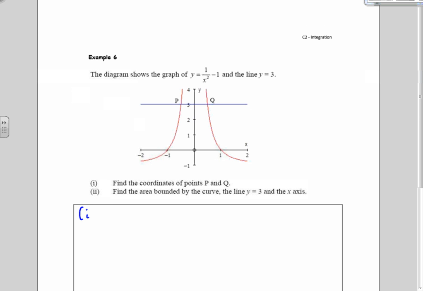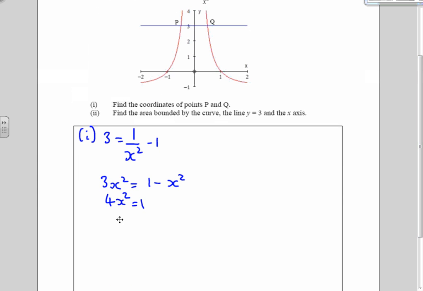So for part A, we know that y equals 3, so we can just say that 3 is equal to 1 over x squared minus 1. Then we can multiply 3 by x squared, which would give us 3x squared equals 1 minus x squared. Take the minus x squared over to the other side, so we've got 4x squared equals 1.